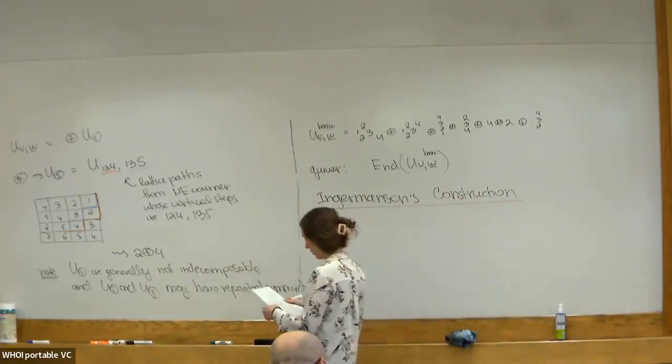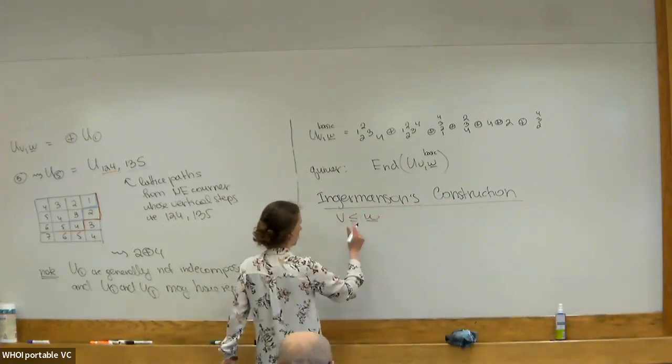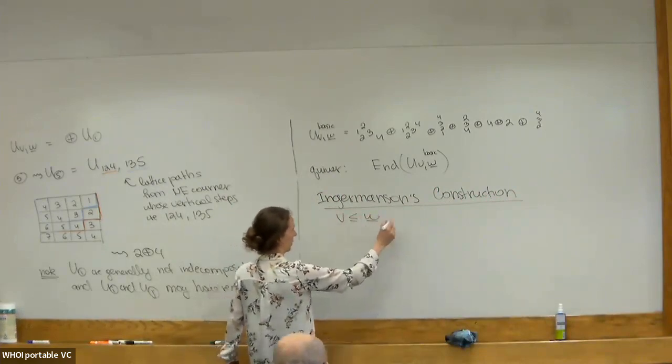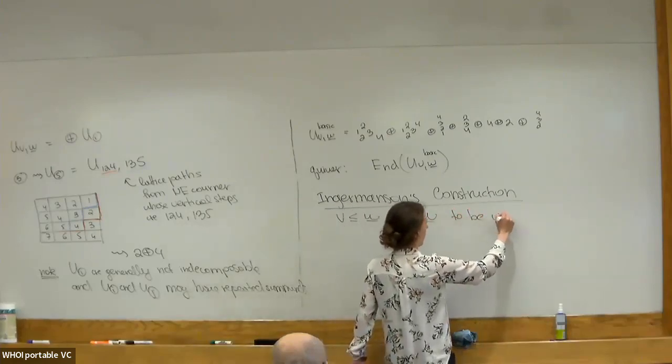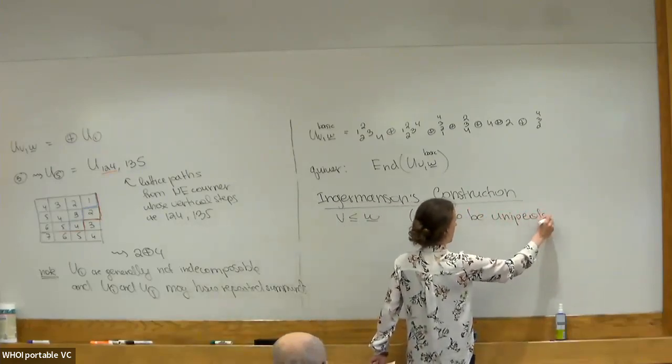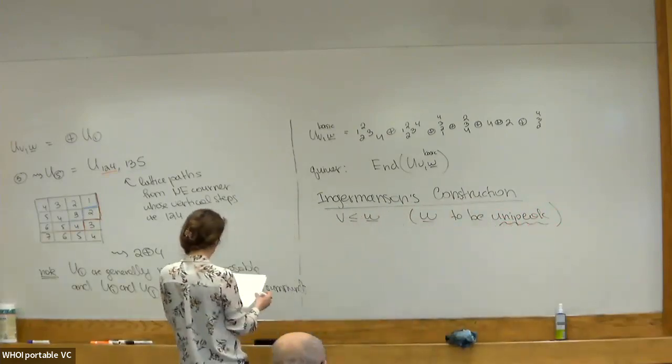And so here, what you do is you start with, again, B less than or equal to W, choice of a reduced expression of W. So here you want W to be peak, and I write it here so I don't forget. And I'll explain in a second what that means.